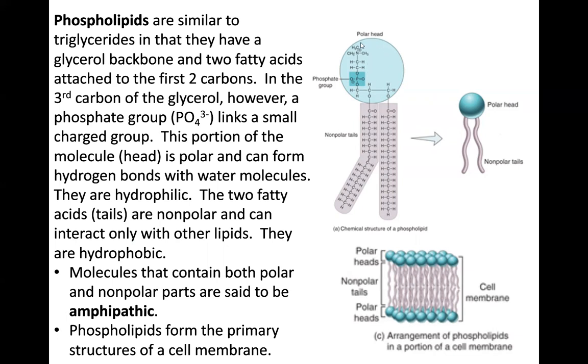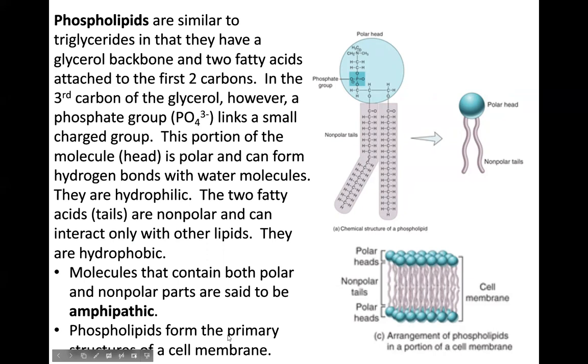If you have a whole bunch of these, which our body does, when exposed to a liquid environment, they are going to create a really cool structure called a bilayer, which is 2 layers of these phospholipids organized where the heads are pointing in opposite directions of one another, and the tails are in the center pointing towards one another, away from the water, whereas the heads are pointing towards where the water is, inside and outside the cell.